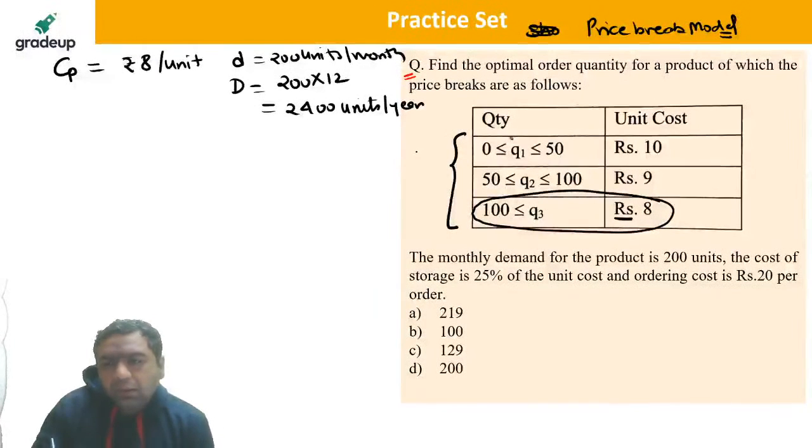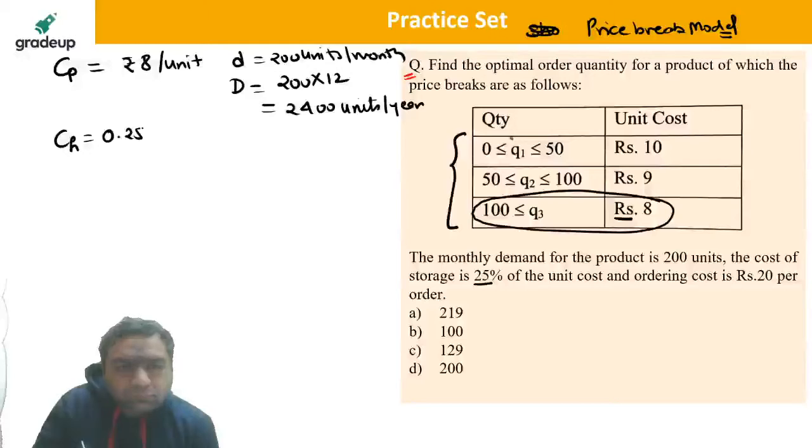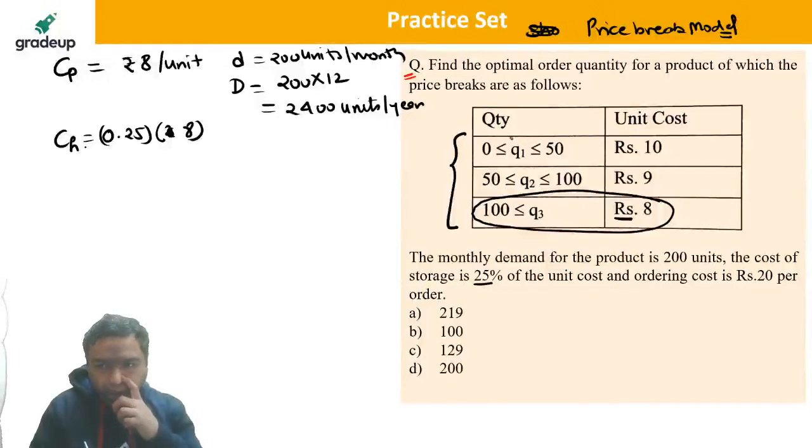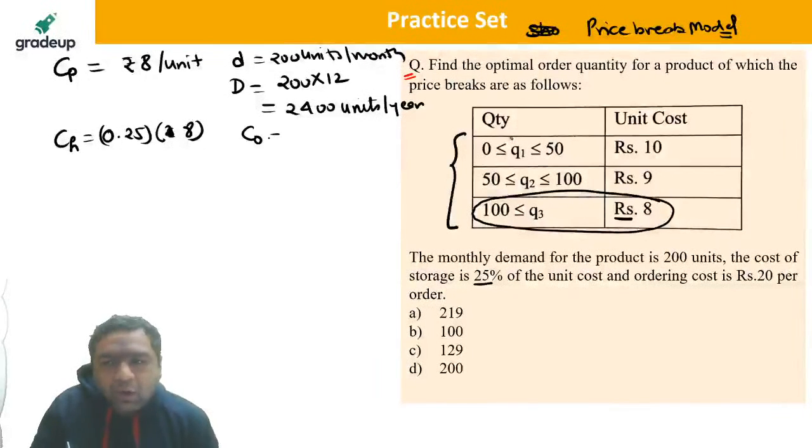Yes, the cost of storage is 25, meaning holding cost is 0.25 times CP. Ordering cost is rupees 20 per order.